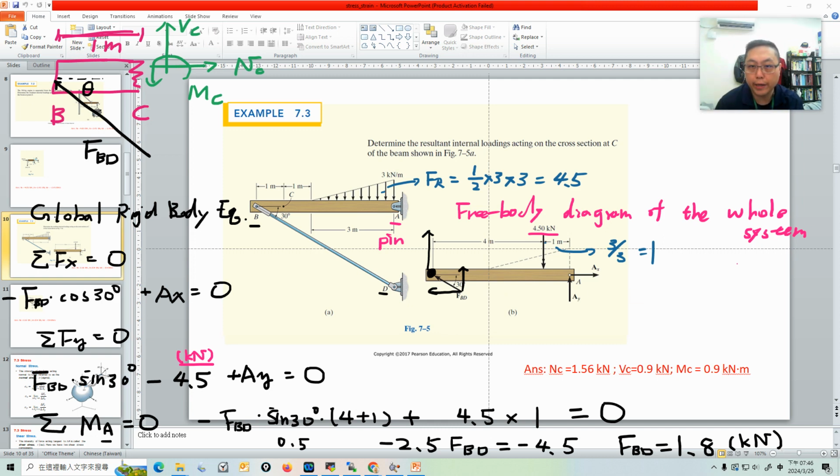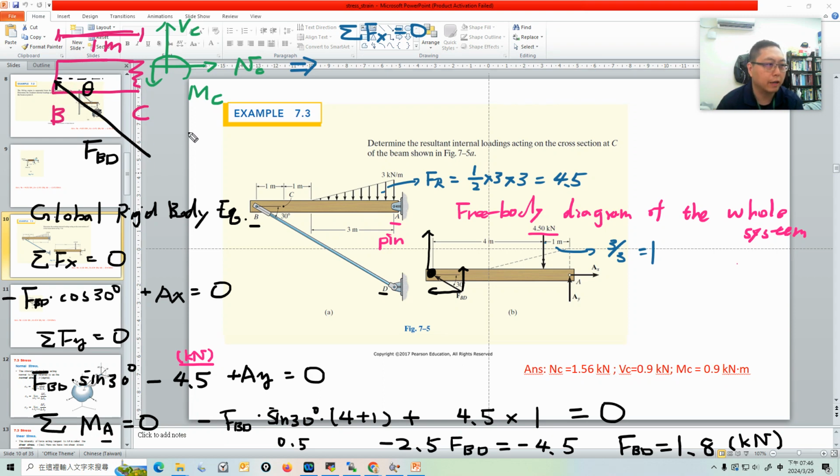Then we can use this FBD to calculate the internal force at section C. Let's go back once again and use rigid body equilibrium. It's 2D, so you have to do it one more time. Summation Fx equal to 0.